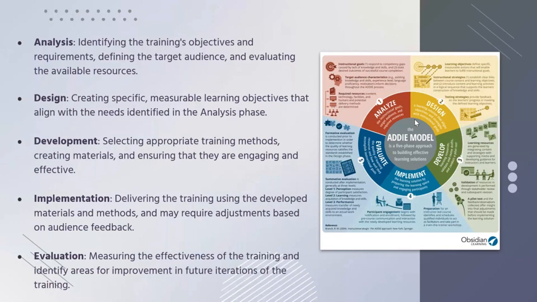In the evaluation phase, we will measure the effectiveness of the training and identify some areas for improvement in future training. In this evaluation phase, we can include two types of evaluation: formative evaluation and summative evaluation.